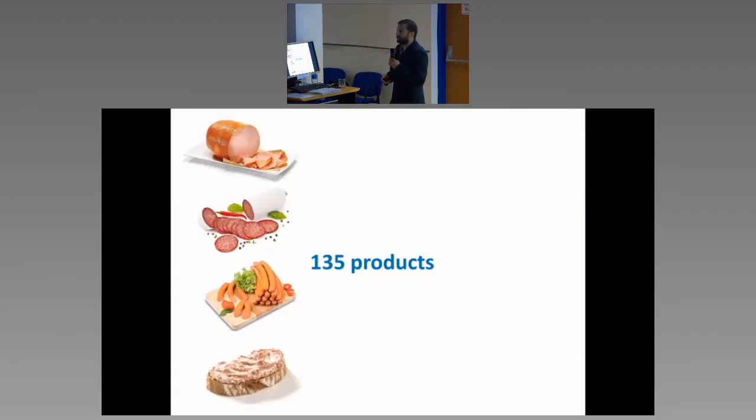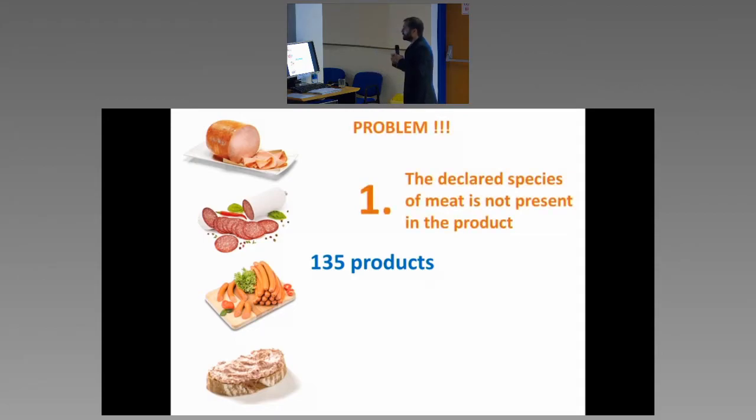And we decided to analyze our favorite products from the Slovakian market. We analyzed more than 100 products. As you can see, there is a ham, a salami, a hot dog, or pate. Generally, we consider it a problem when the declared species of meat is not present in the product.